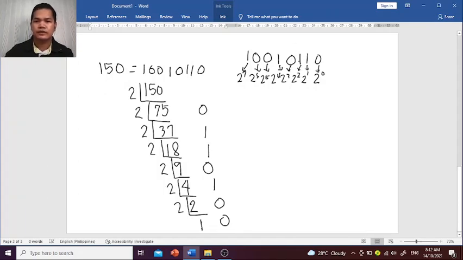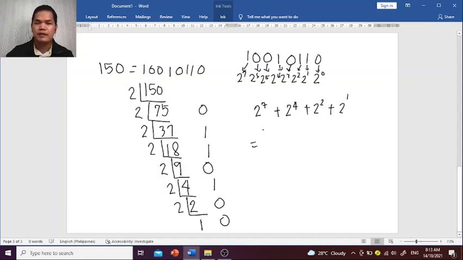So let us determine those with ones. We have here 2 to the 7 plus 2 to the fourth, and then 2 to the second power, or 2 squared, and then 2 to the first, or 2.